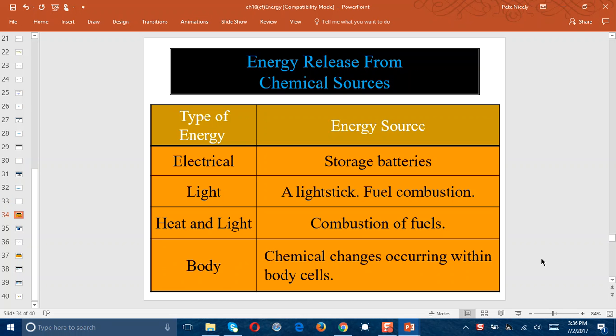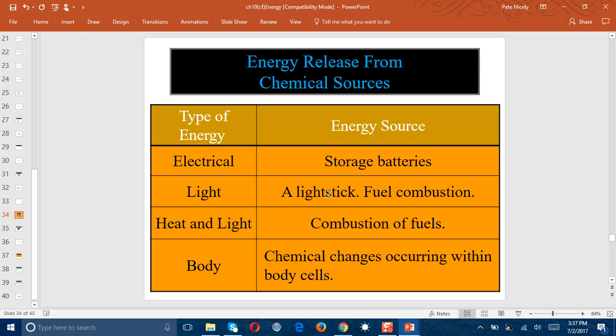And this is just pointing to a few sources of energy release. A few examples: storage batteries. Whenever you have a battery performing its function by providing energy to a device, basically what's happening is that there's a chemical reaction taking place within the batteries that produces energy.